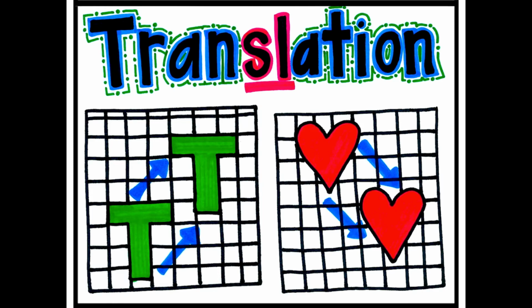Well, when you're translating shapes, you're taking that shape and you're sliding it to a different area. The word slide starts with SL, and the word translation has SL in it, so that way you can remember. If you look at these pictures, the letter T has taken a slide on that space, and the heart has gone and done a slide on that space too.